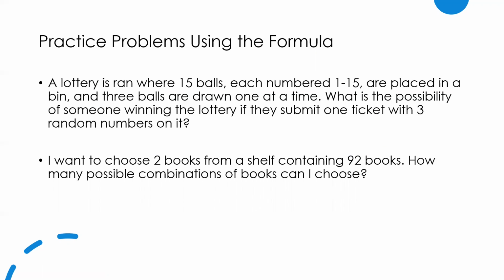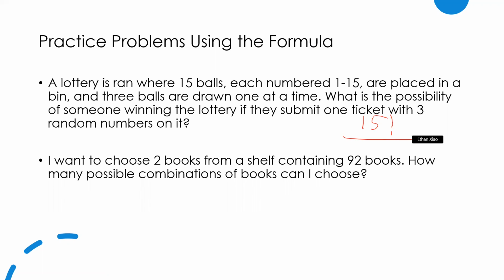So here we just have 15. We need to find the number of possible elements and the number of elements we're going to choose. The number of possible elements, we have 15 balls we can choose from, so it'll be 15 factorial.